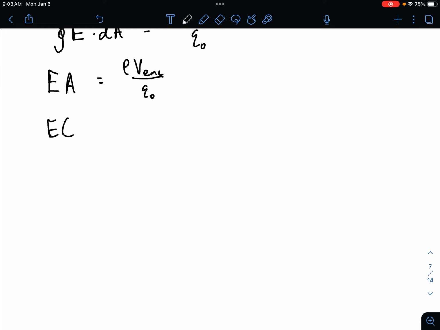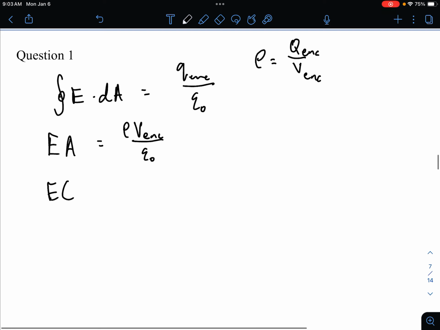E is what we're solving for, the electric field. This is part A. And the area is 2 pi rL. We're using little r here because the flux is through the Gaussian surface of radius little r. It's going to equal rho times the volume enclosed, because that is what encloses the charge.